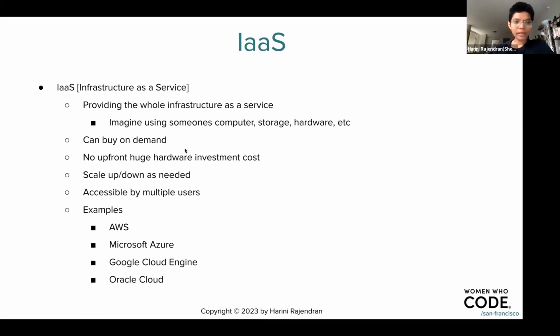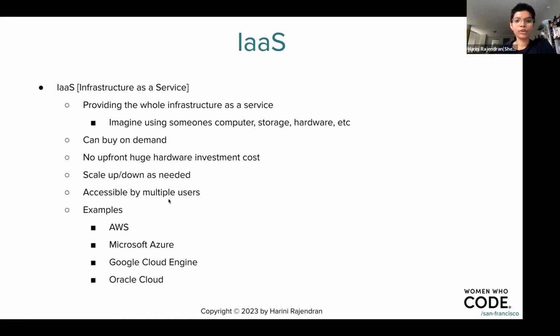And as I mentioned earlier, there is no huge upfront hardware cost. Even though you are just using someone else's hardware and someone else's computer, you still pay for it only for the time you use it. And the same server or the same computer can be accessed by multiple users. So there is efficient resource utilization and resource sharing across multiple users. So these are some of the advantages of infrastructure as a service.